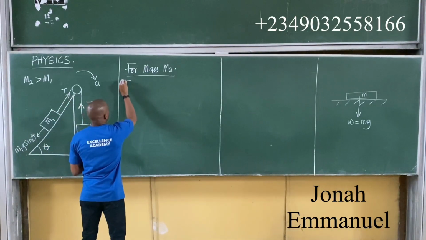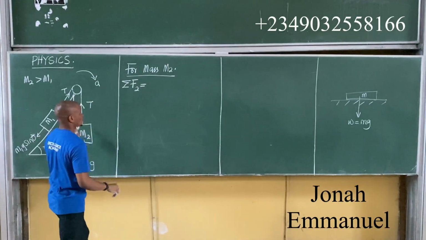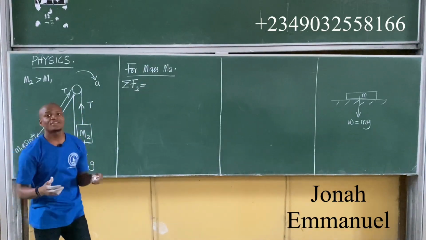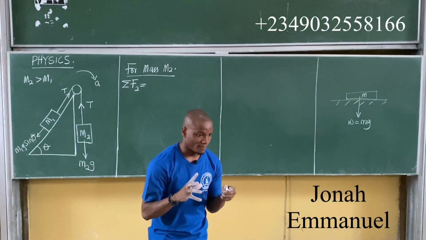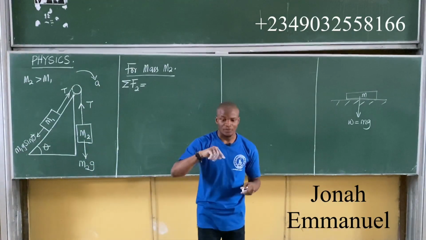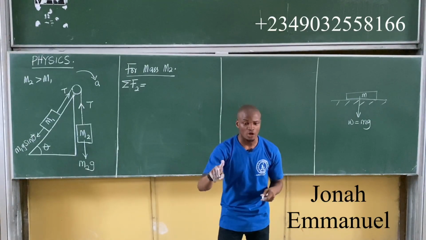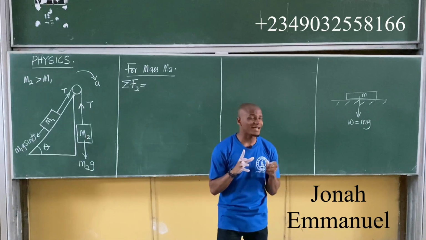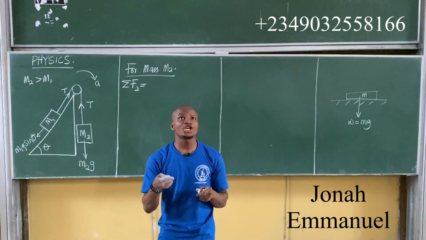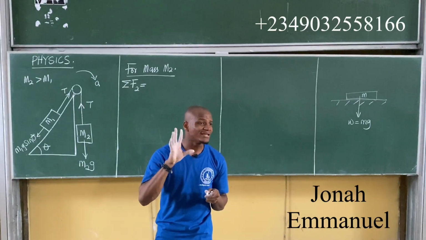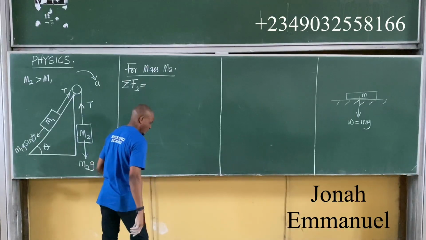The sum of F2, that's the force on mass M2, how do you get the sum of forces? It's as easy as this. If a particular force is going in the direction of the motion, it is considered positive. If it is going in the opposite direction, it's considered what there? Negative.